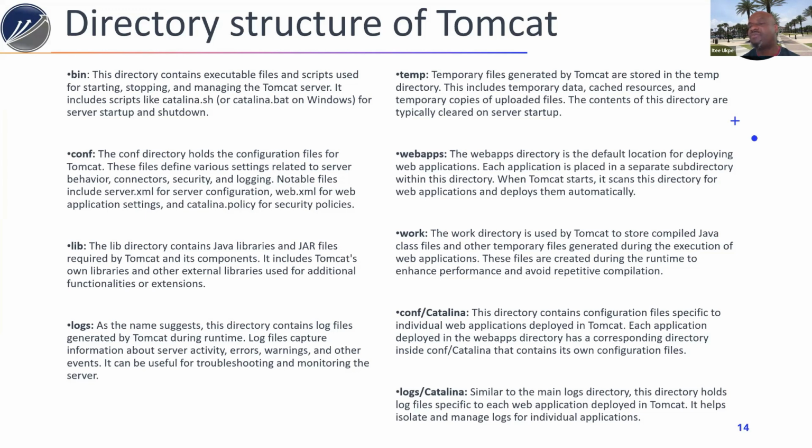So after deployment, if you want to see the file that you used for the deployment, you can go to conf/Catalina. You also have logs/Catalina, similar to the main logs directory. This directory holds log files specific to web applications deployed in Tomcat.